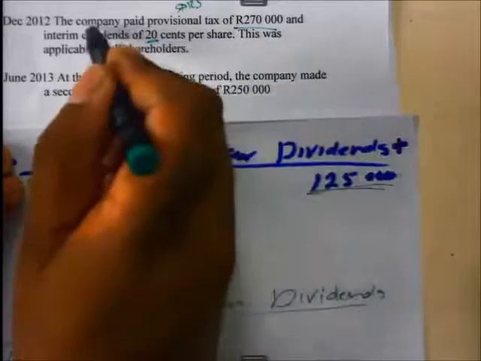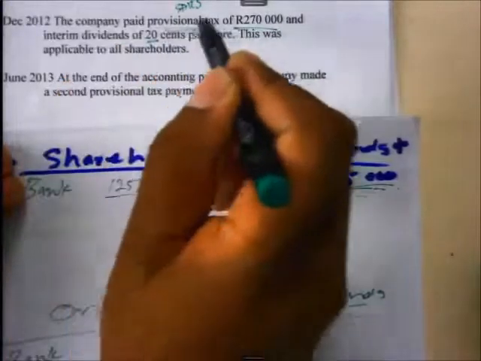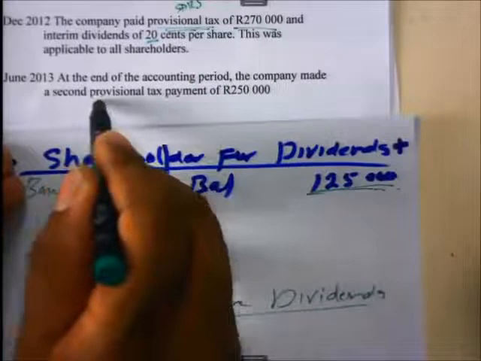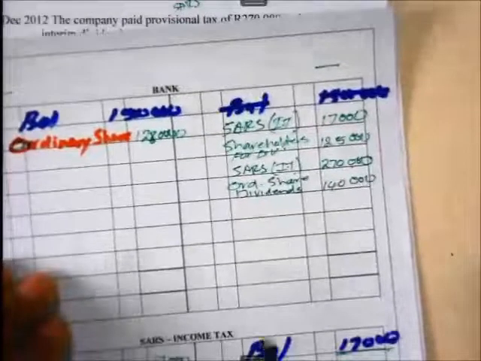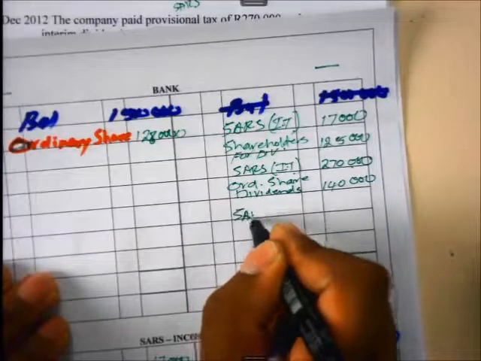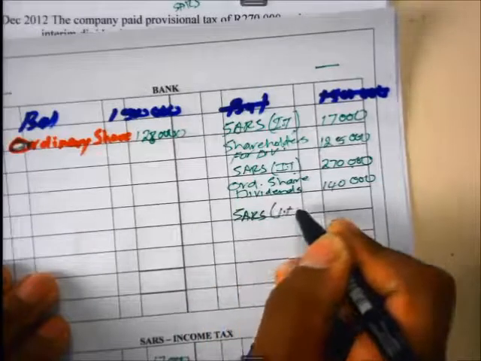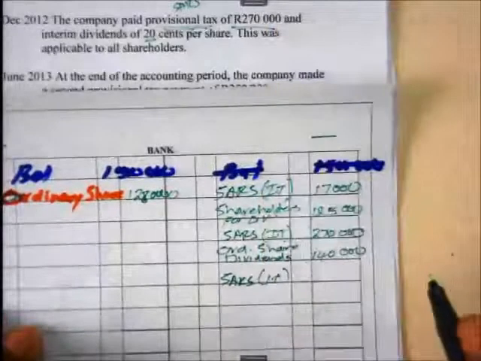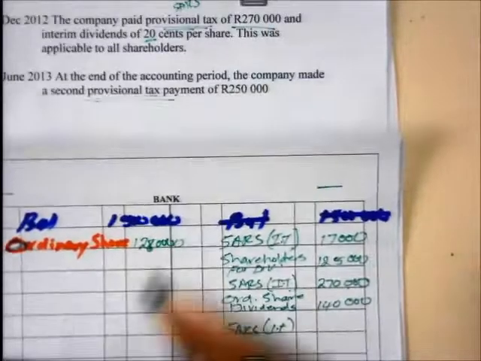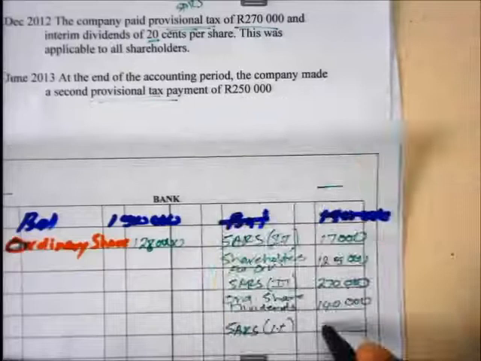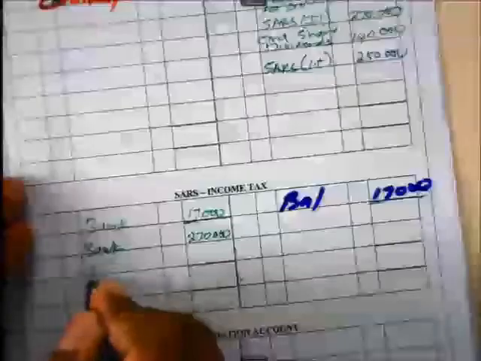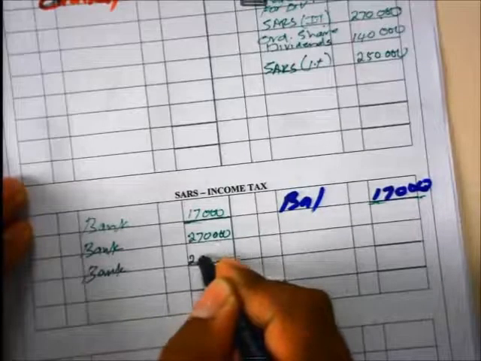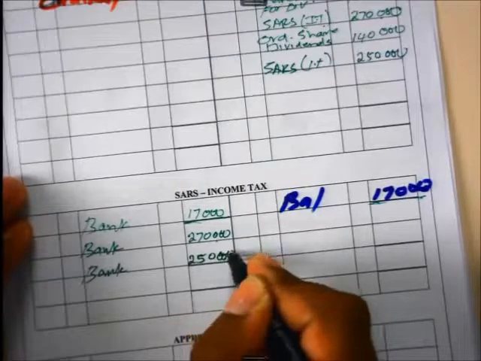Now we are going to record this transaction in the same way as we recorded that one, because these are both provisional tax payments, which means we are going to credit the bank account with SARS income tax, but this time around we paid 250,000, and debit SARS with bank 250,000. Okay, fine.